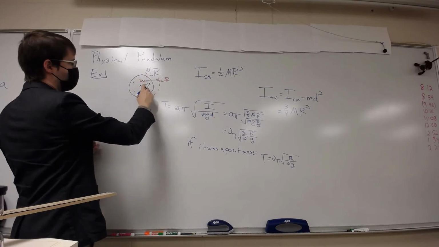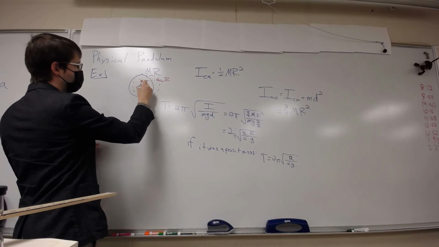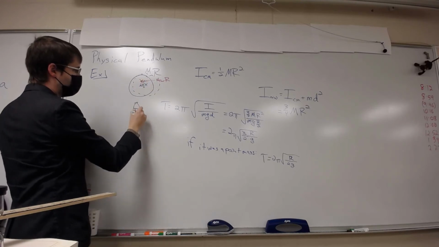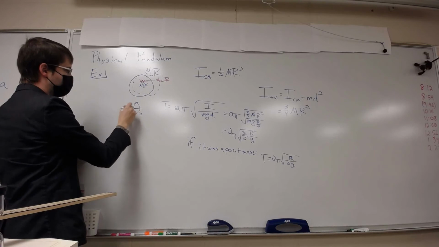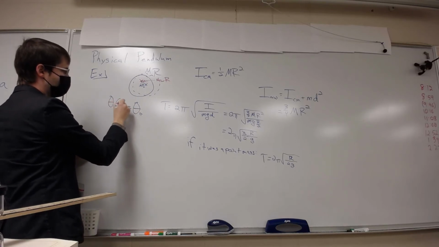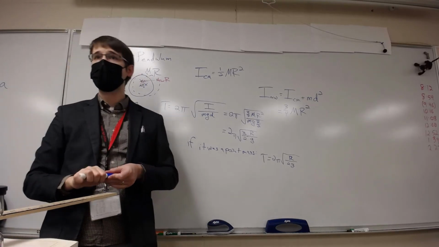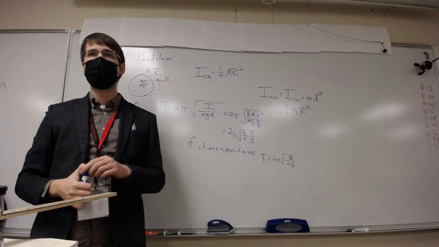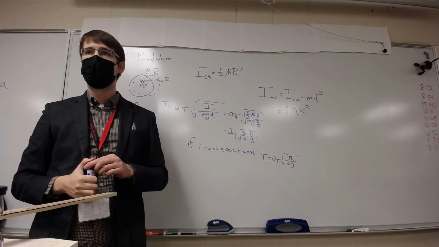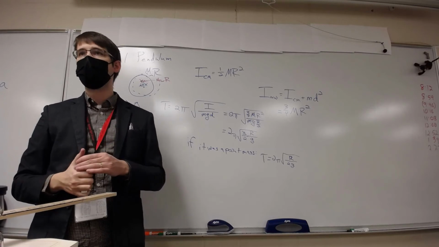So if it's displaced by some angle here, we'll call this theta naught. Okay, so theta naught is our original theta. That's going to be theta at time t equals 0. And let's see if we can write out the equation for theta as a function of time. Maybe omega as a function of time, alpha as a function of time.